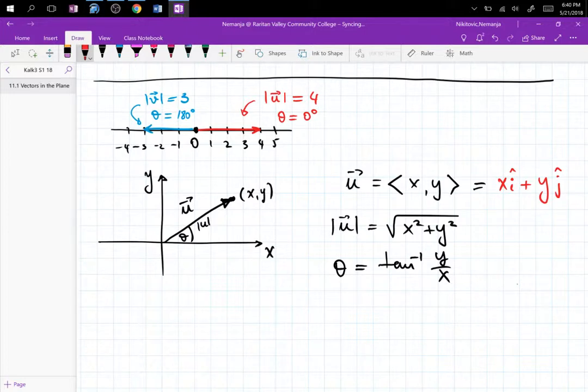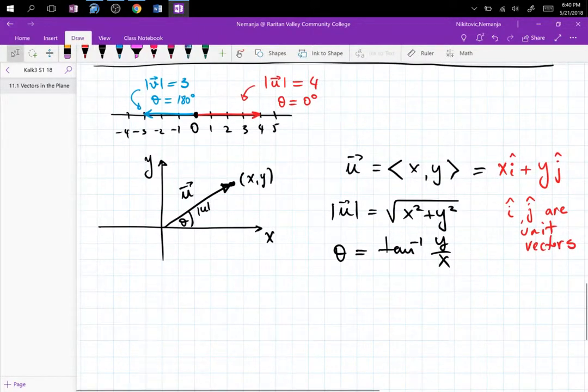So this is just another notation, and I'll talk about these. So I'll just write now i and j are unit vectors, and I will come back to that point. I just want to introduce that notation as well. All right, so now if you are regarding vectors as numbers, what can you do when you have two numbers?